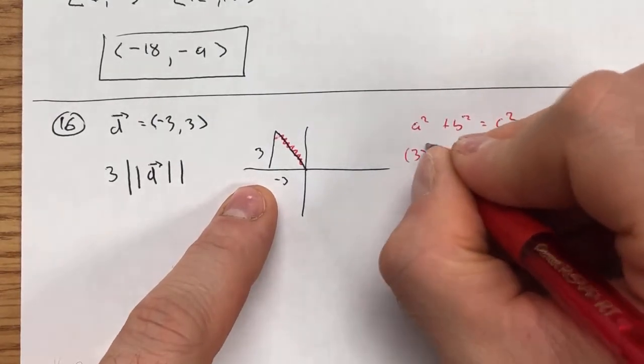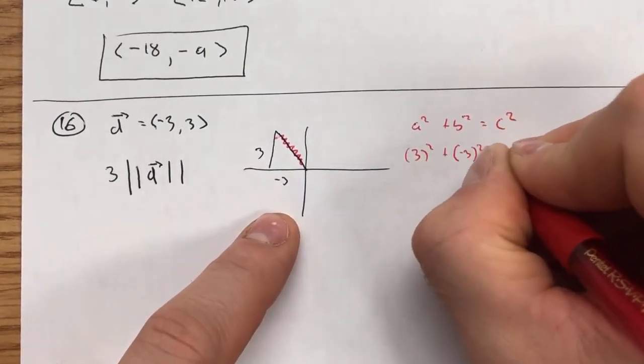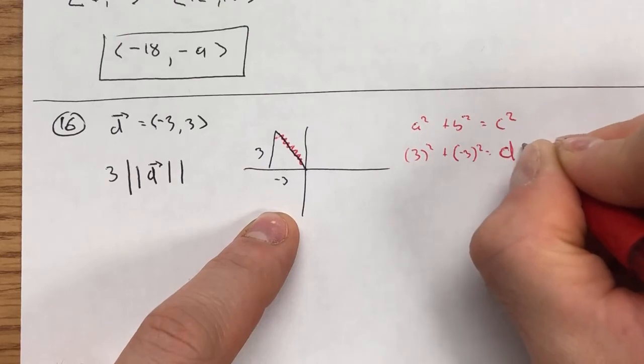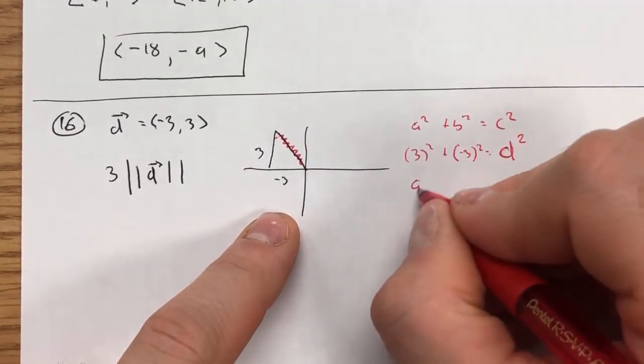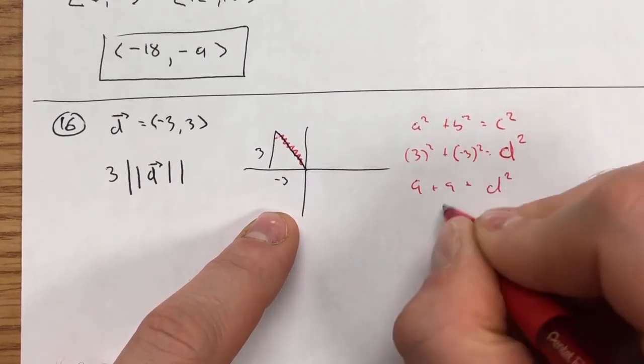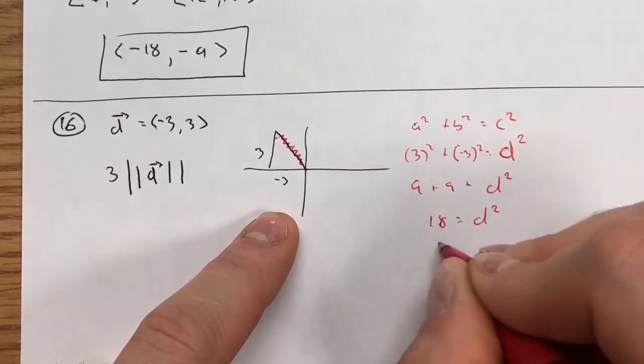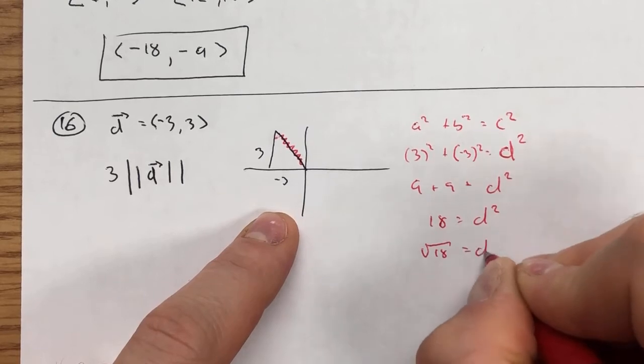So 3 squared plus negative 3 squared is distance squared. That's 9 plus 9, 18, so root 18.